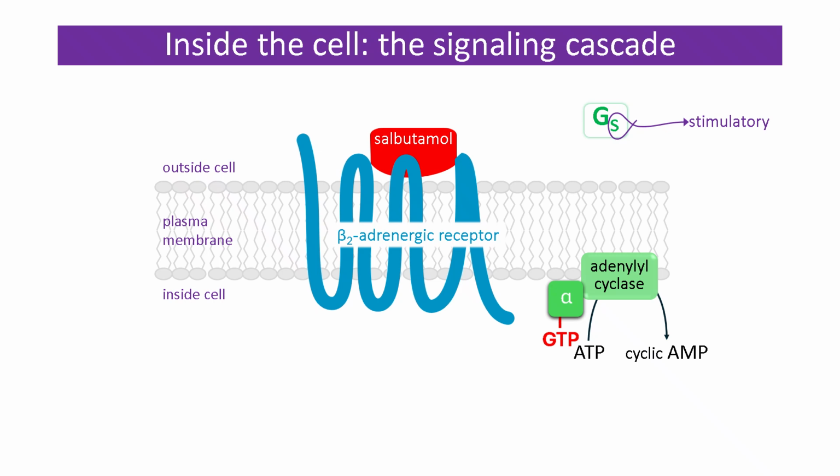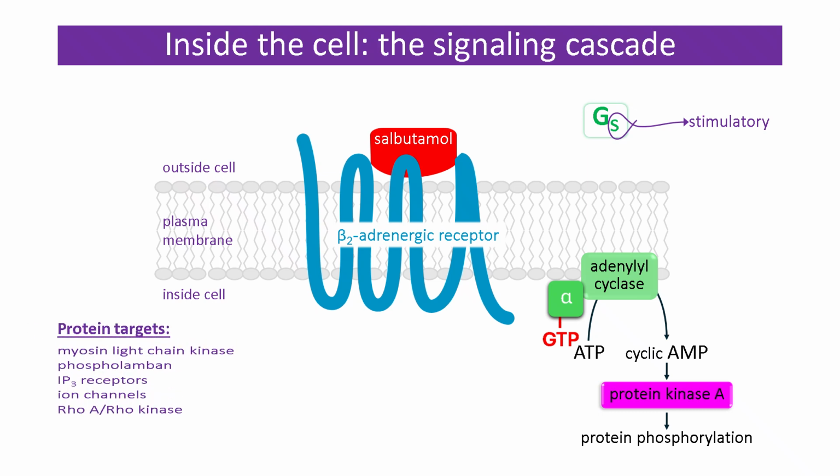Cyclic AMP then activates the enzyme protein kinase A. Protein kinase A phosphorylates multiple target proteins in airway smooth muscle, modulating their activity. The main ones are listed here.